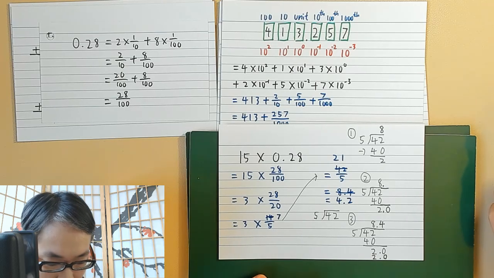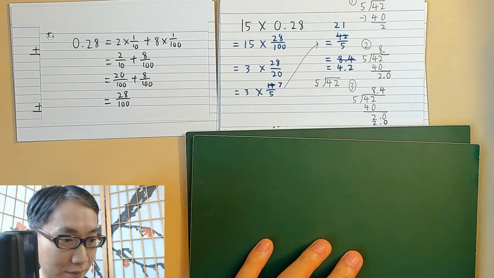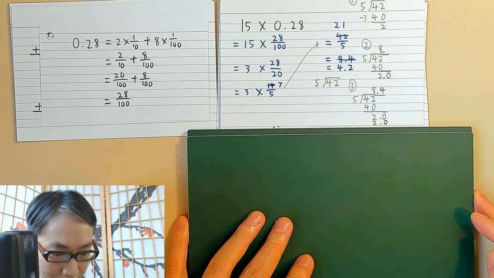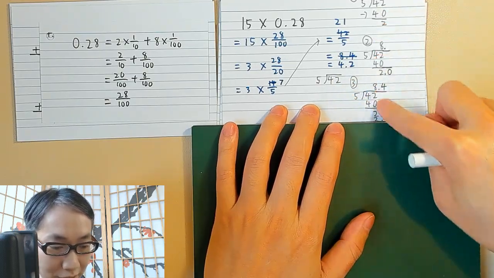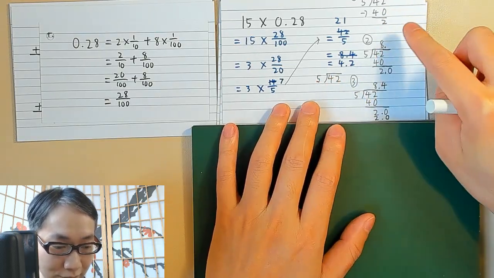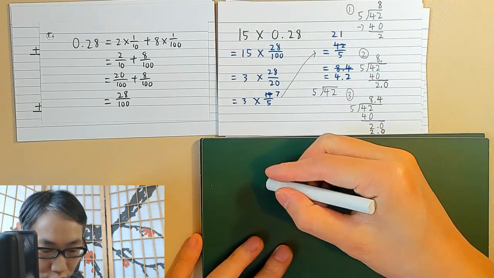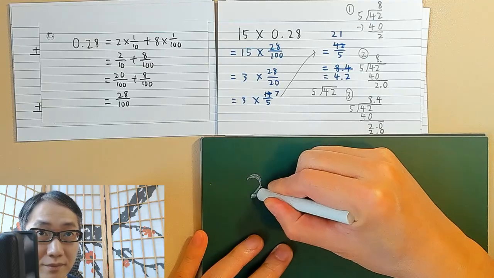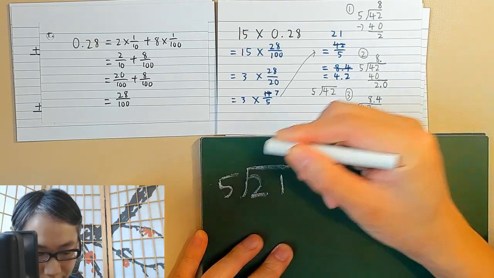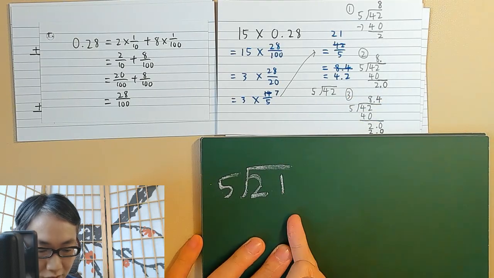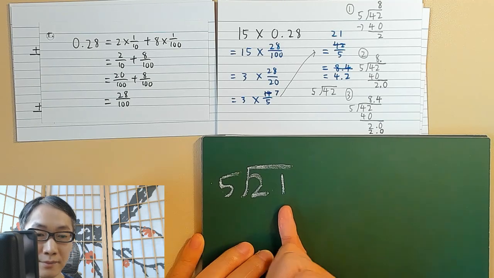And how do we do that? This is a correct calculation for 42 over 5, but we want to do 21 over 5 here. So 21 over 5. So this is a unit digit. Very important. We must always find the position of a unit digit.